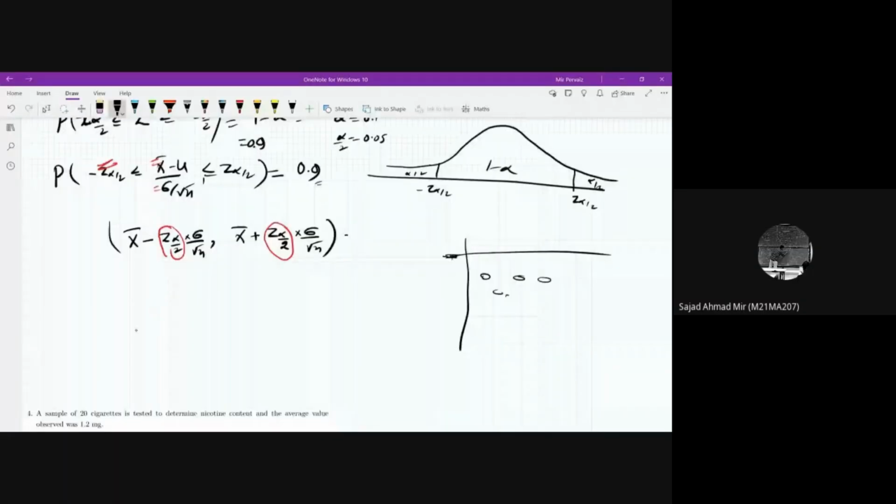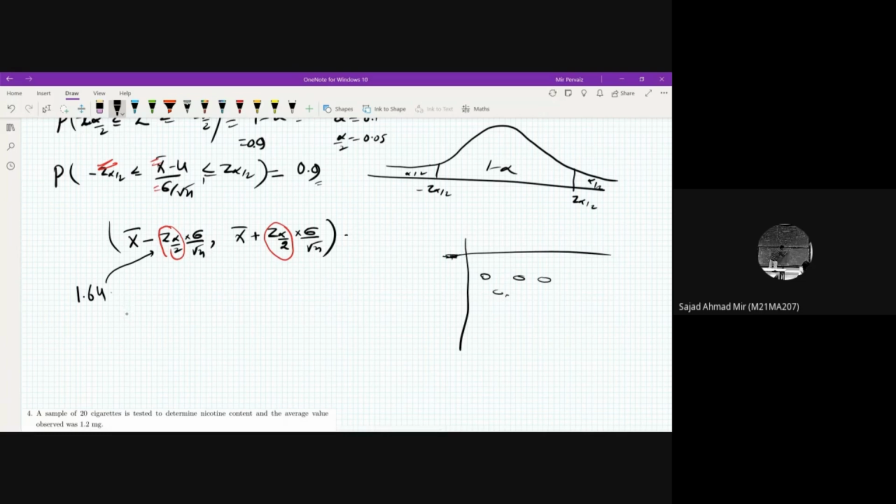My final answer for this: we were getting z alpha as 1.64. That value you can put here, and other values are already given. Let me write the final answer.